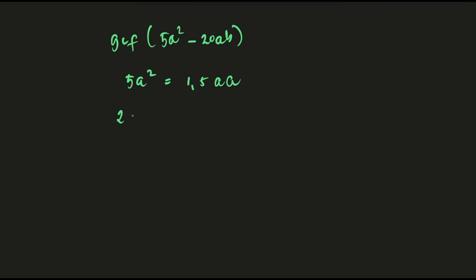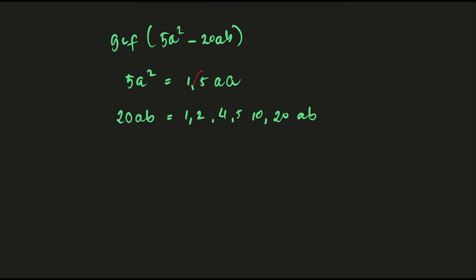Next step is you're going to take a look at the second term, which is 20ab. Factors of 20, we have 1 times 20, 2 times 10, and 4 times 5. And factors of ab is just ab. Now, next step is to look at the largest common factor between the two.